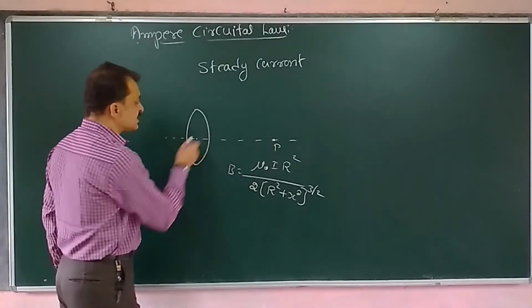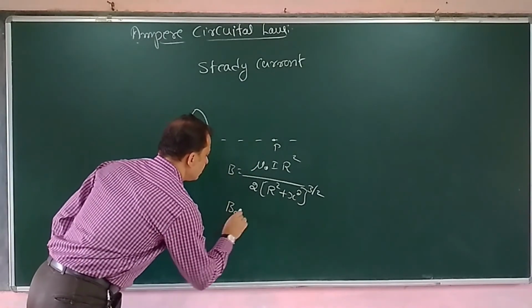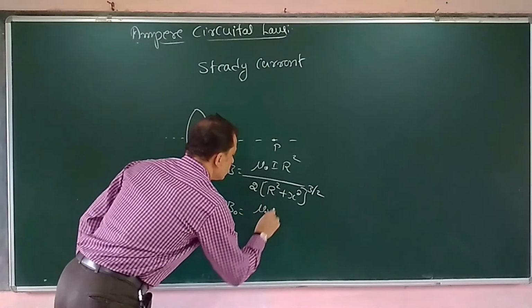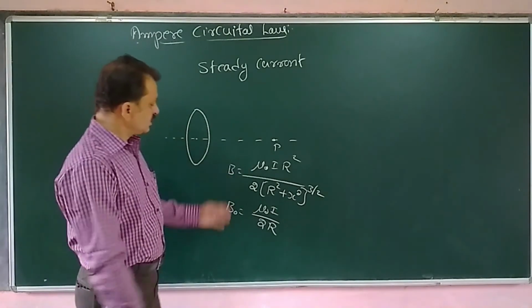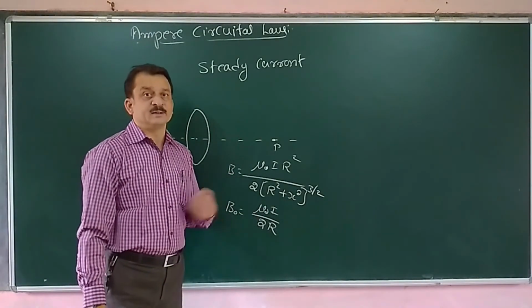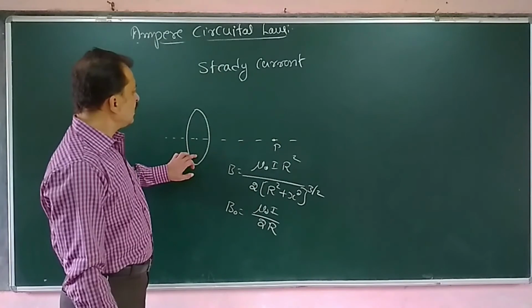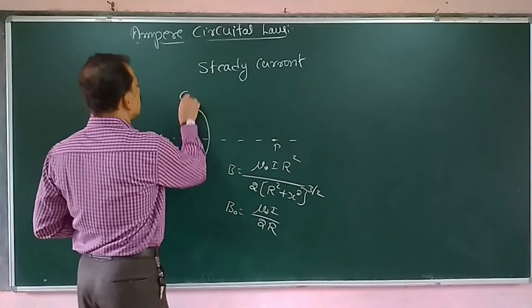And if the point is at the center, we have obtained B naught is equal to mu naught I divided by 2r. Now these derivations we have already done. This is for a circular loop.